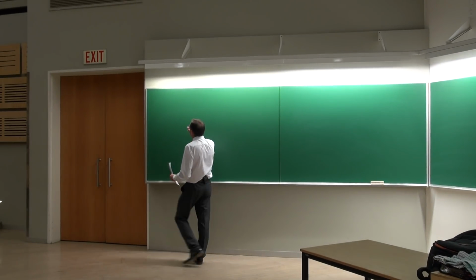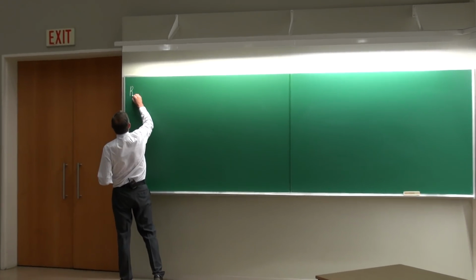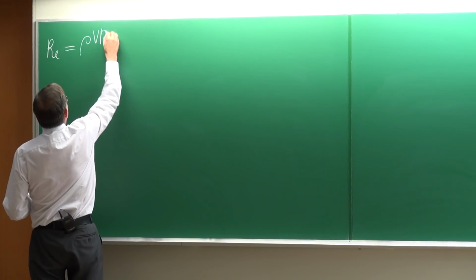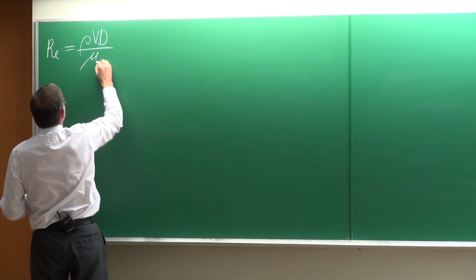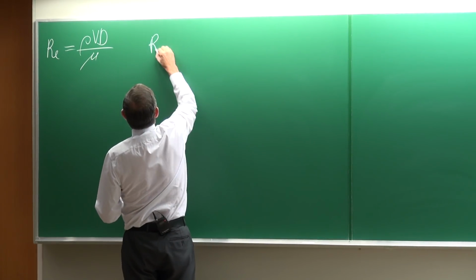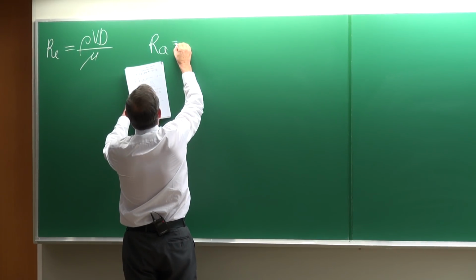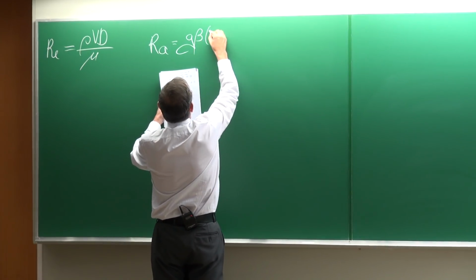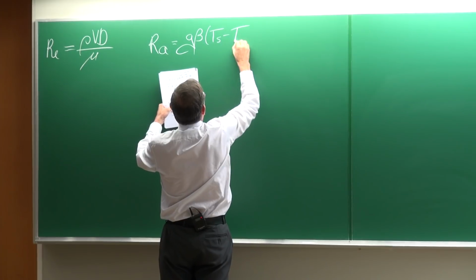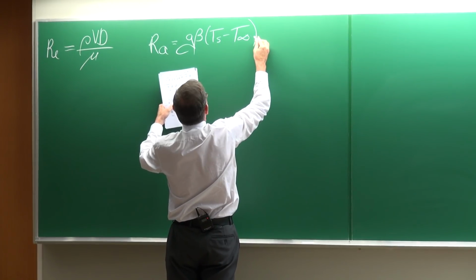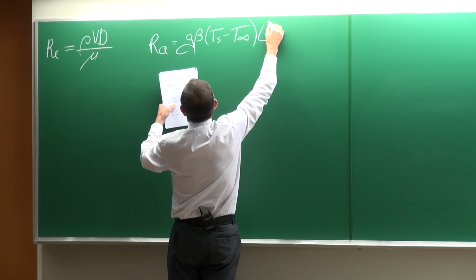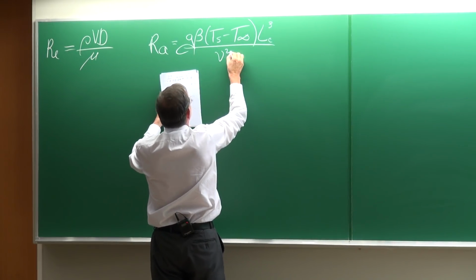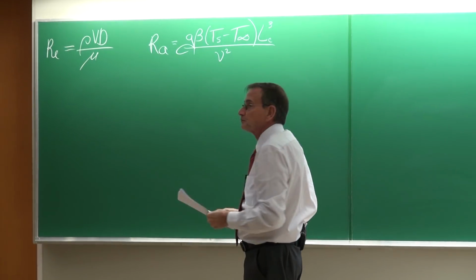But before we do that, let's first look at the Reynolds number. The Reynolds number is equal to rho V d divided by the viscosity, and the Rayleigh number is equal to g multiplied by beta, times the surface temperature minus the free stream temperature, times the characteristic length to the third, divided by the kinematic viscosity squared.